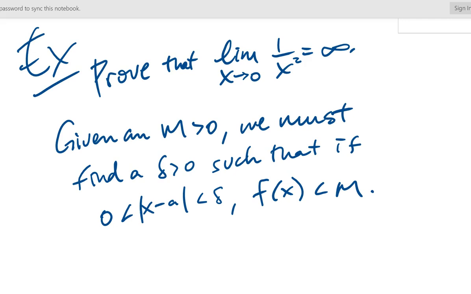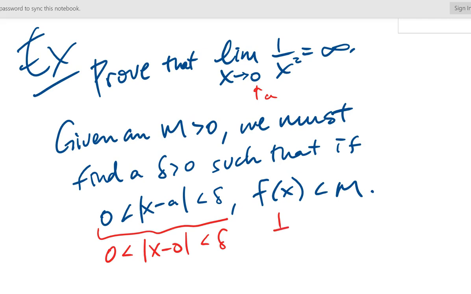So let's write out what we have here for this function. What we have is 0 is less than absolute value x minus 0 is less than delta. The a in this case is 0, right? f of x is 1 over x squared, and this needs to be greater than m.